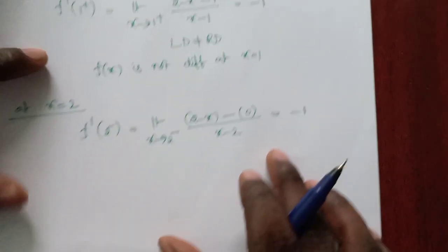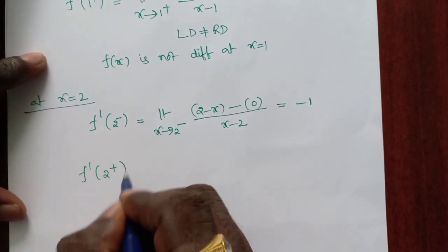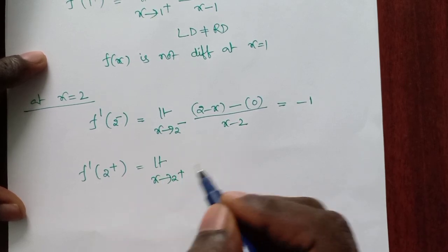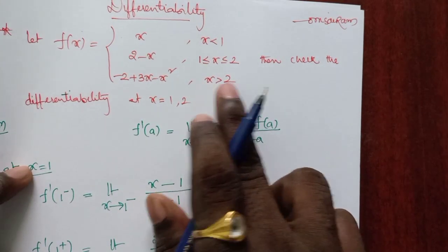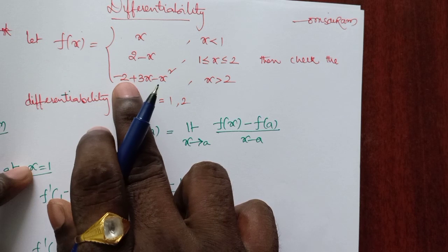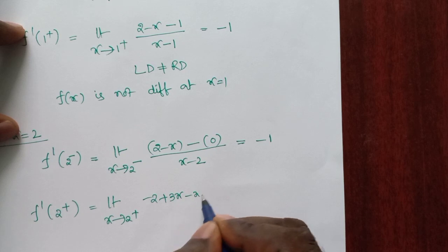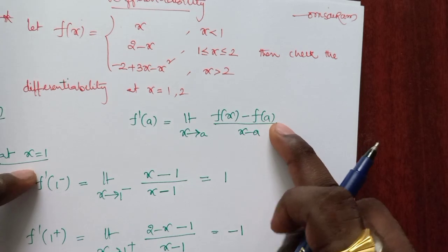Now 2 minus x by x minus 2 is what? Minus 1. Now coming to the right hand derivative, f dash of 2 plus, that is limit x tends to 2 plus. As x value approaches 2 plus, which means x greater than 2, the function is minus 2 plus 3x minus x square. Now minus 2 plus 3x minus x square minus f of a, which means f of 2.